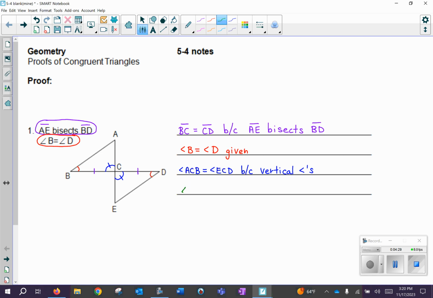So the first triangle, which is always the one that's more left or more upper, is alphabetical. Okay, just for us to be able to check our answers better. So triangle ABC is congruent, make sure you're using the right symbol, to triangle order matters. Look where A is. Okay, A is across from the purple mark, maybe you want to say it that way.